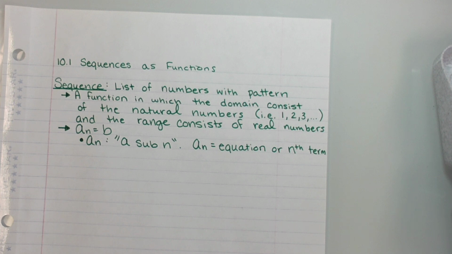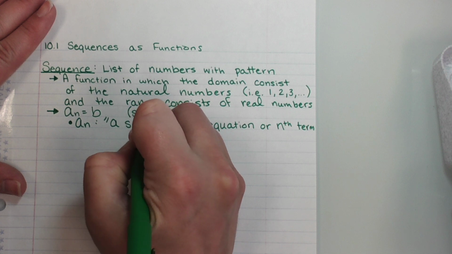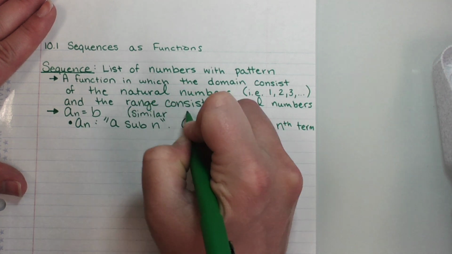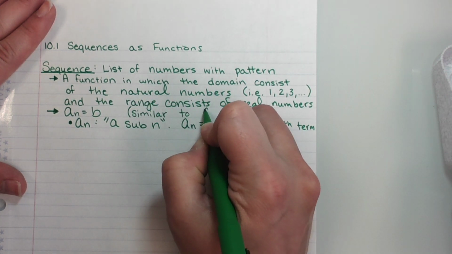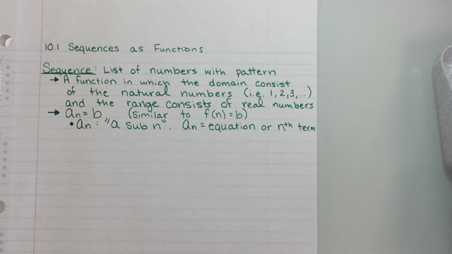Now that a sub n equals b idea is supposed to be similar in idea to having something like f of n equal to b. It still holds kind of that features of function notation in the idea that if I tell you f of 2 is equal to 4, I'm telling you what function we're dealing with, the one called f.